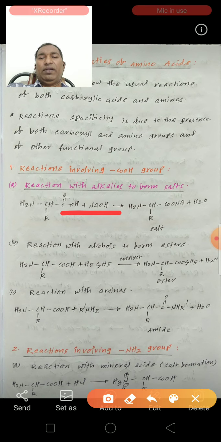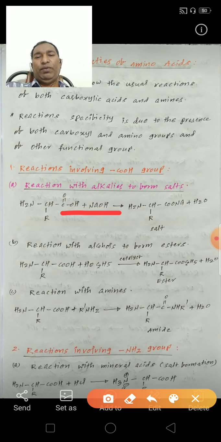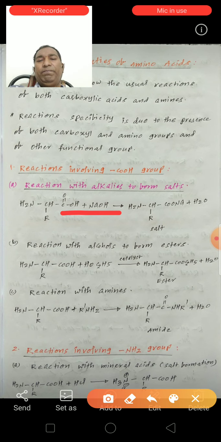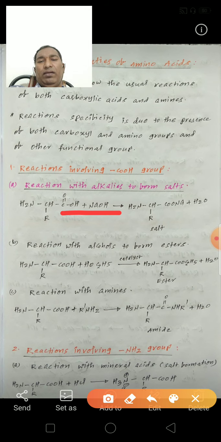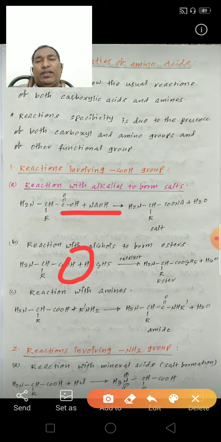Second one, reaction with alcohols to form esters. See here, amino acids react with ethyl alcohol in the presence of a catalyst to form an ester. See here COOH, the OH in the carboxylic acid and the hydrogen in ethyl alcohol are removed as a water molecule to form the ester.